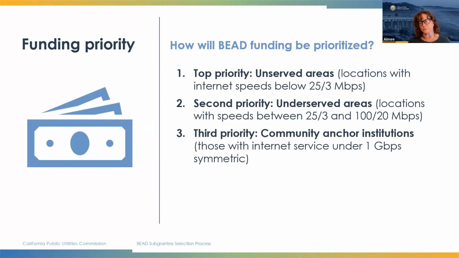The third priority of the program is community anchor institutions, and those usually need more broadband service, and we're talking about service to everyone that uses a library, for example, or hospitals. And so if those entities have less than a gigabit symmetrical of service, then they're considered eligible for BEAD. These are the locations that are considered funding priorities and eligible for BEAD deployment services. So specifically in California, you can go to the next slide.